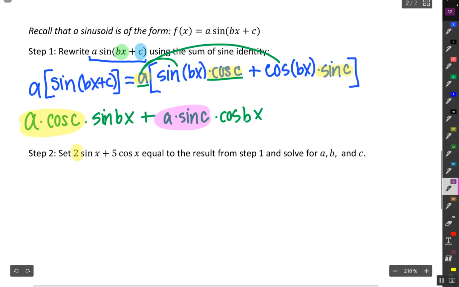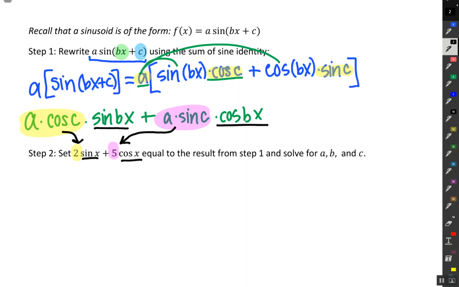The constant here is 5. So that stuff right there is 5 times the cosine of bx. Well, that's that right there. And then this right here is 2. That's this part right here. Hopefully you can see that the b is actually 1. We know that the b is 1. We can see that it has to be. All right, but we need to find the a and the c.